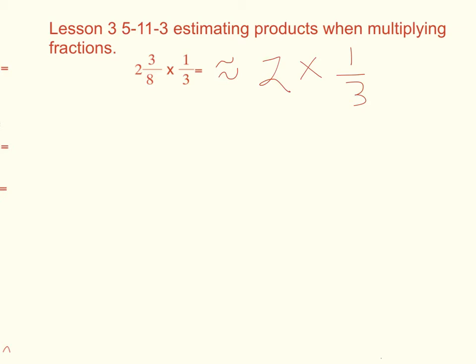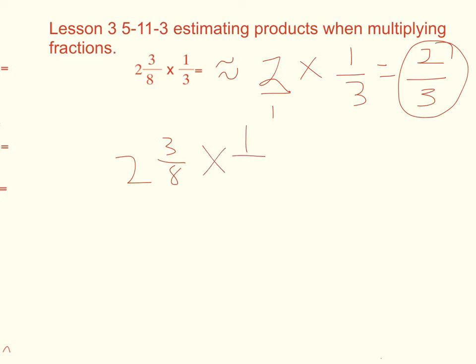So 2 times 1 equals 2. So we're going to have 2/3. And since we're estimating, we're going to round this to a whole number. 2/3 is closest to 1. So we're going to say 2 3/8 times 1/3 is about 1.